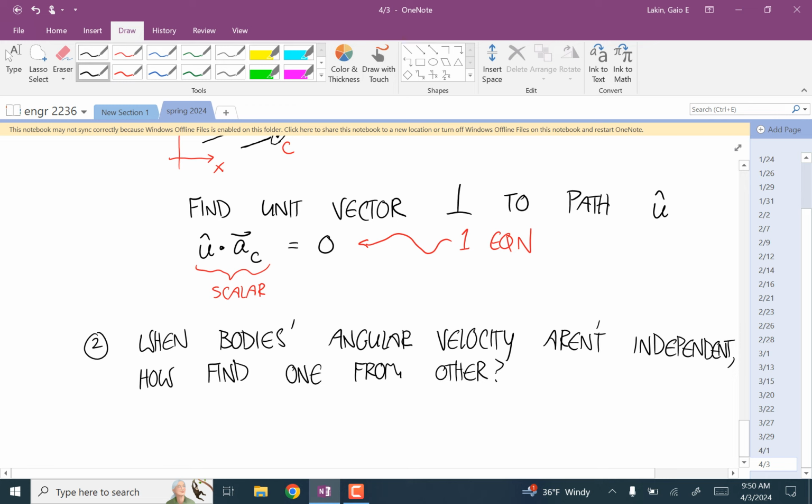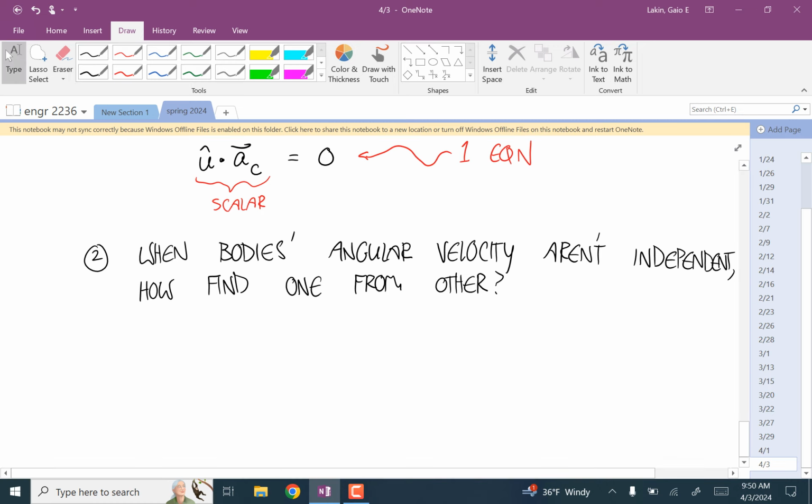And the answer is you approach it very similarly to how you approach constraints on the accelerations.